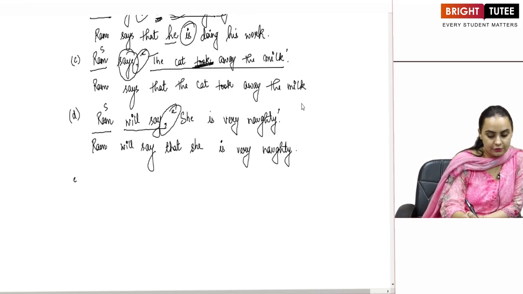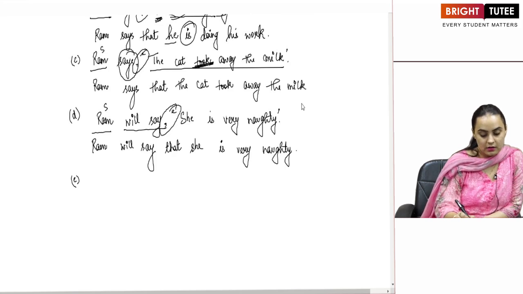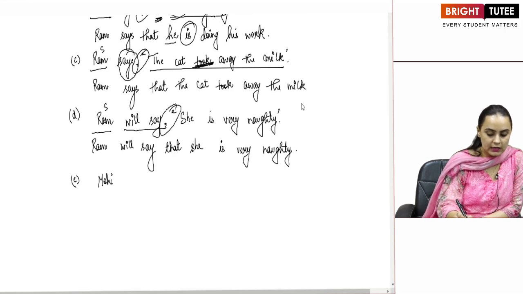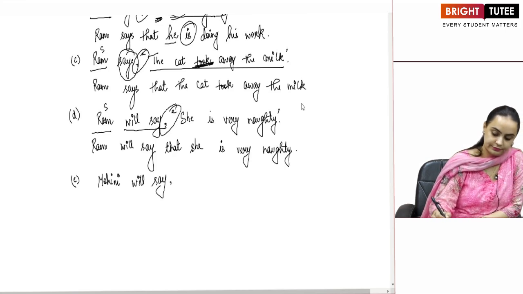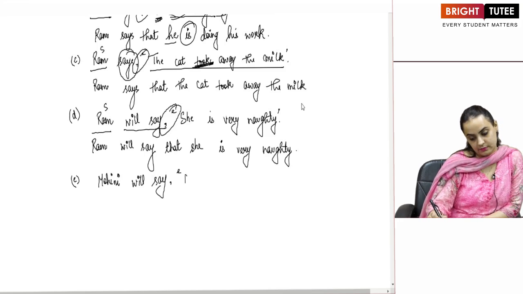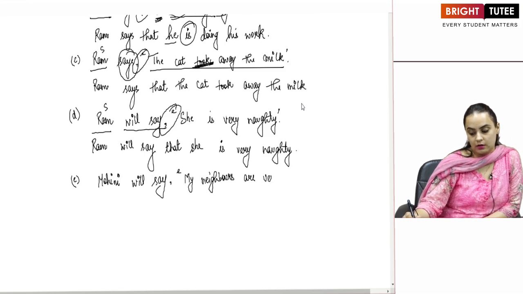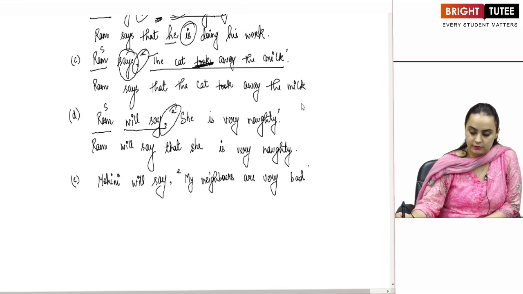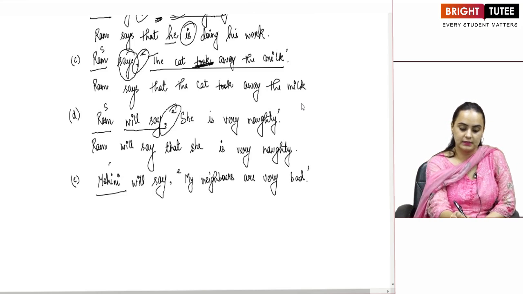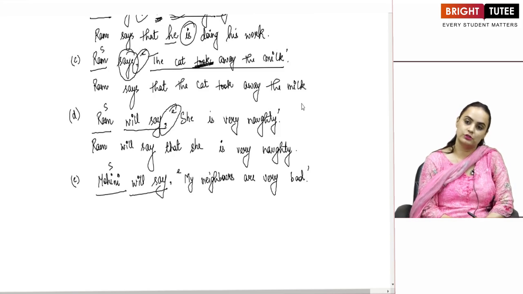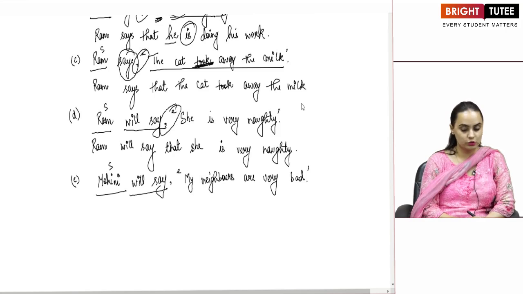Okay. Another example. Mohini will say, my neighbors are very bad. Okay. Now who is the speaker in this sentence? Reporting verb is will say, which is written in the simple future tense.